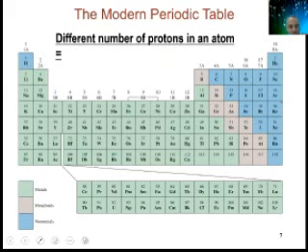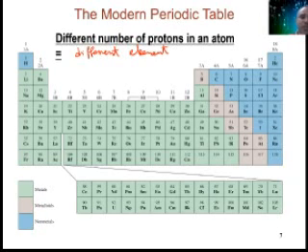Based on this description, we can arrange the different elements in an increasing order of atomic numbers in the modern periodic table. So whenever you have a different number of protons, that indicates that it's a different element.